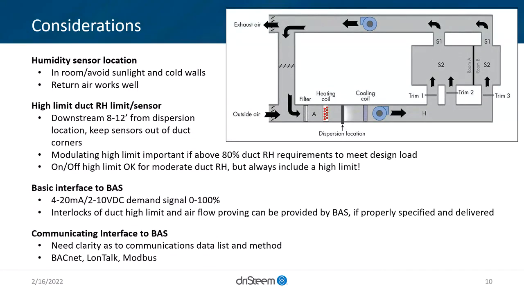And then a more extensive way to communicate would be communication interfaces versus an analog or a contact signal. So things like BACnet or Modbus would be quite common in this space.